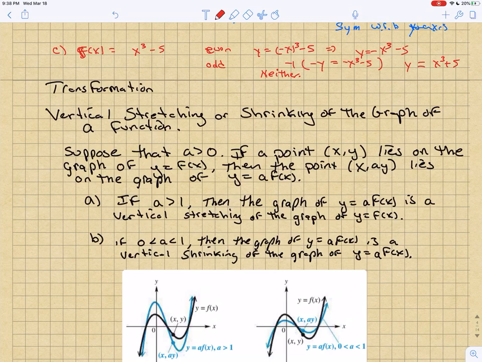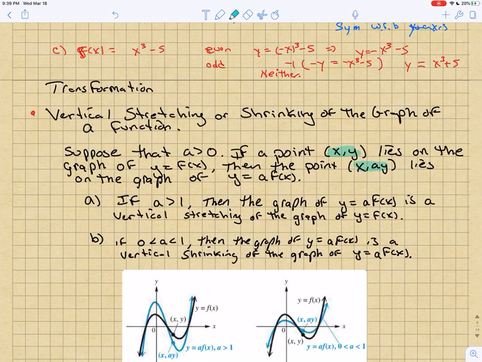All right. So transformation, vertical stretching or shrinking of the graph of a function. Suppose that a is greater than 0. If a point x comma y lies on the graph of y equals f of x, then the point x comma ay lies on the graph of y equals a times f of x.